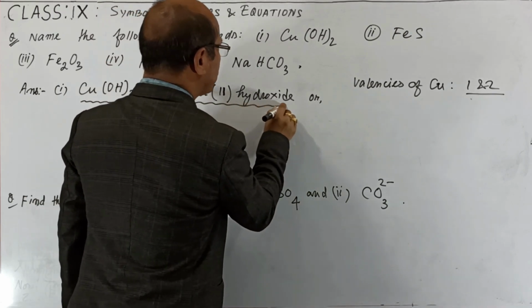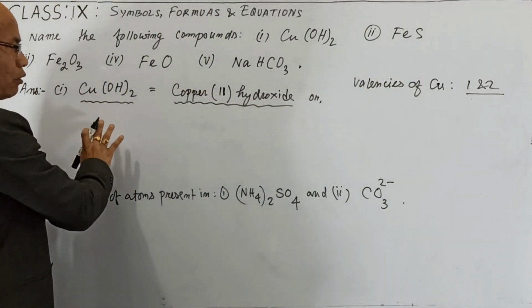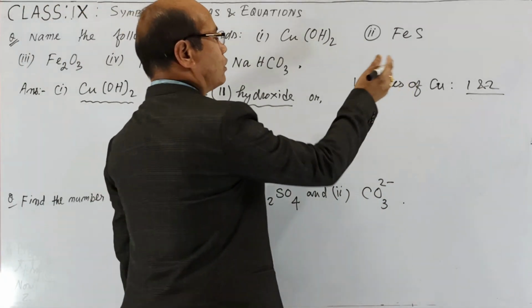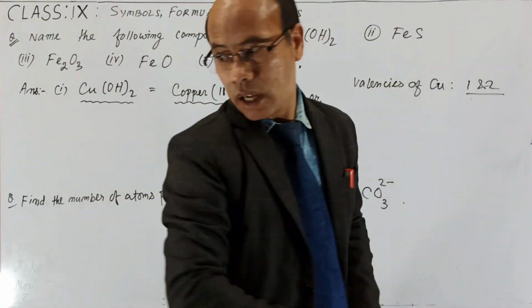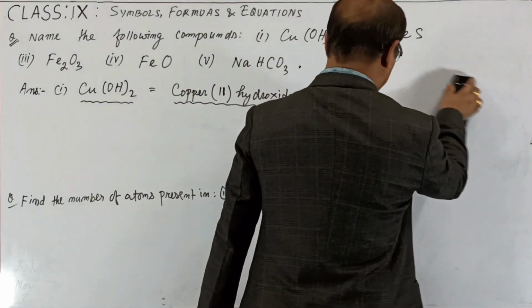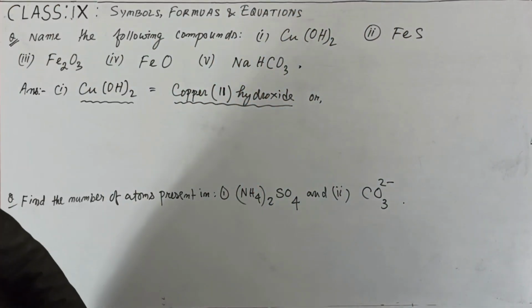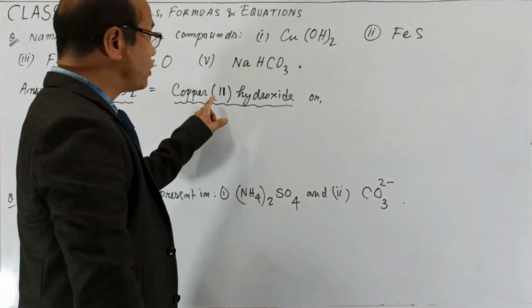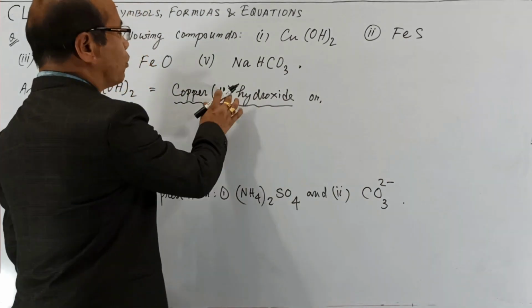So this is the name of this compound, and we can write another name. We can write the name in 2 different ways. In the first one, we show the valency of copper by using the Roman numerals written within the bracket.